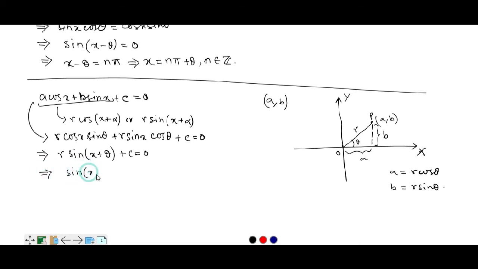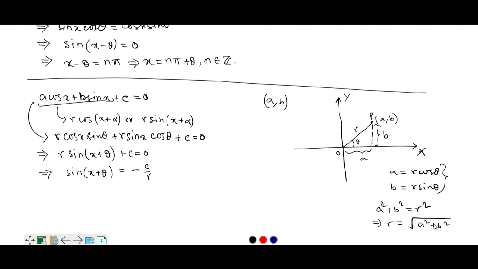We can write it like sin of x plus theta is equal to minus c by r. So what is r here? If you do the squaring and adding, you will get a square plus b square is equal to r square. So r is nothing but the square root of a square plus b square.